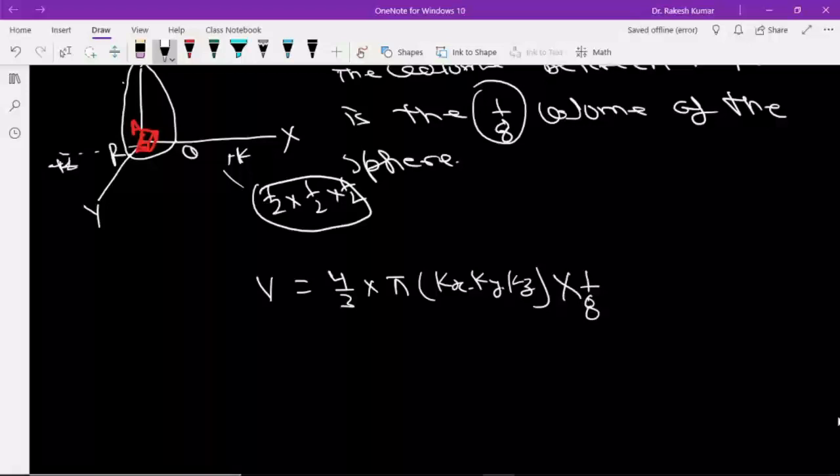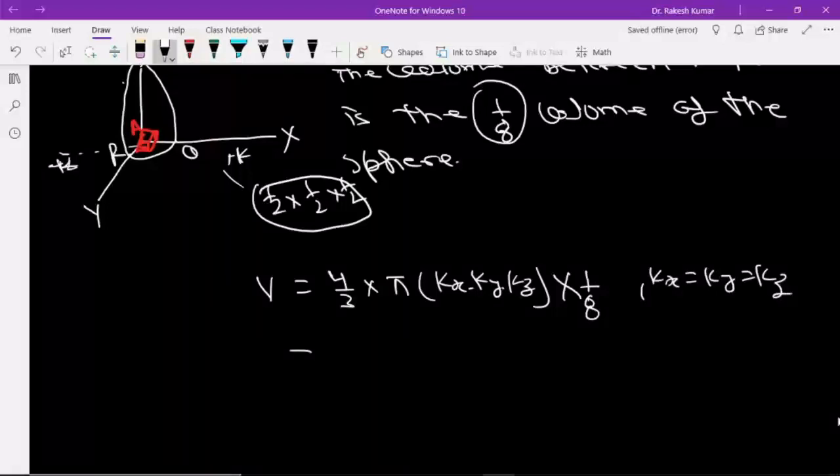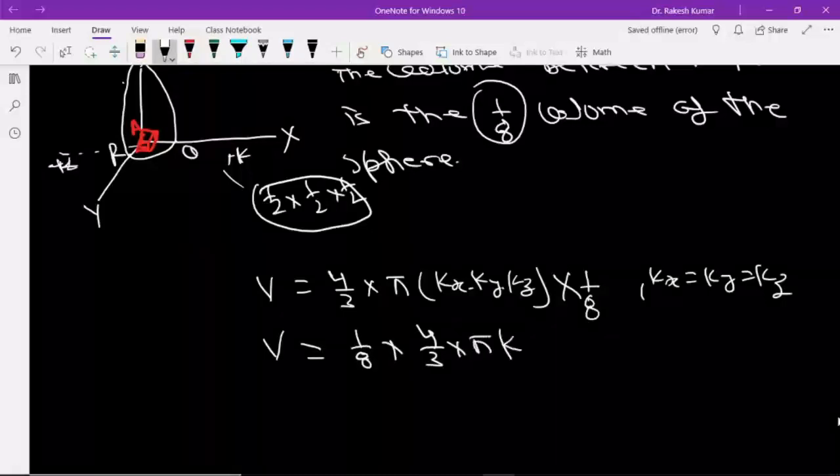And here kx equal to ky equal to kz. So we can write the available volume V is equal to 1 by 8 into 4 by 3 into pi into k cube. Please don't be confused, this is volume in k space. Here we are talking only about the energy of the electron.